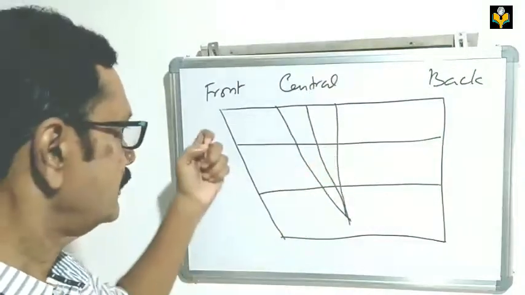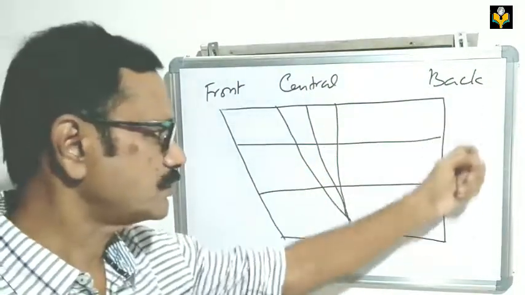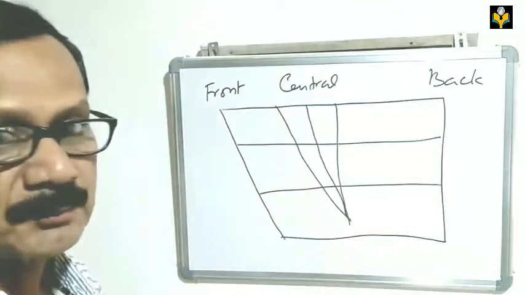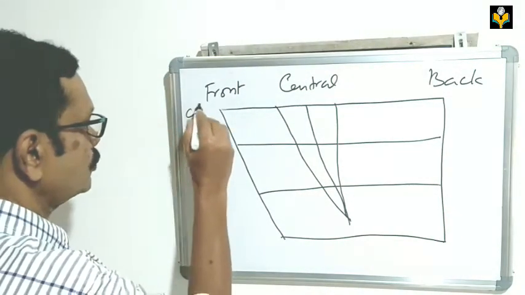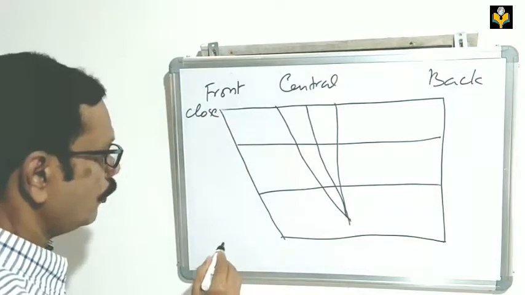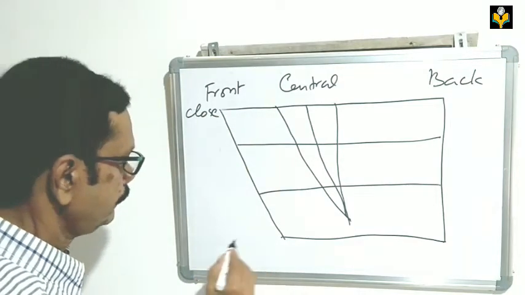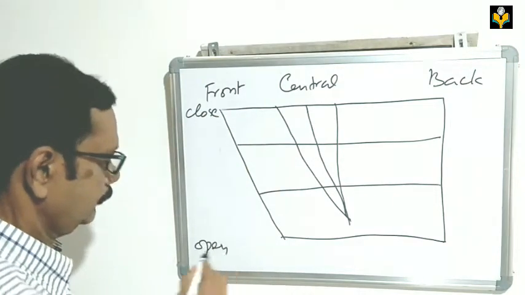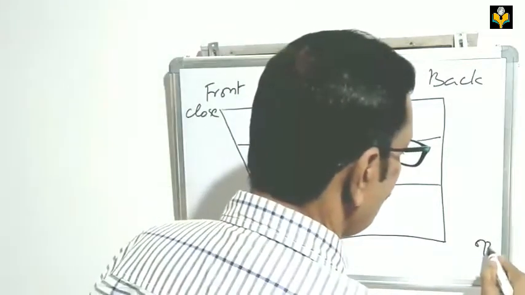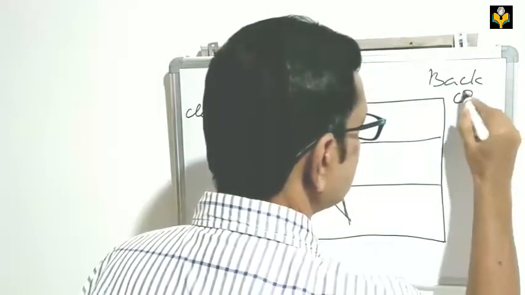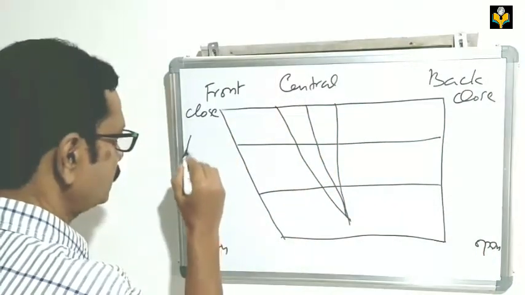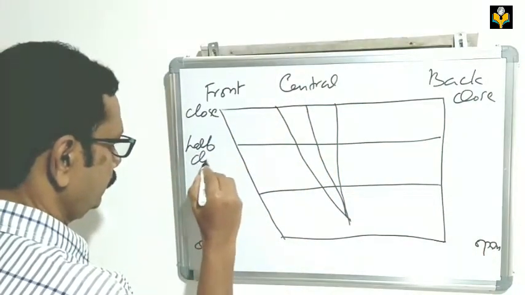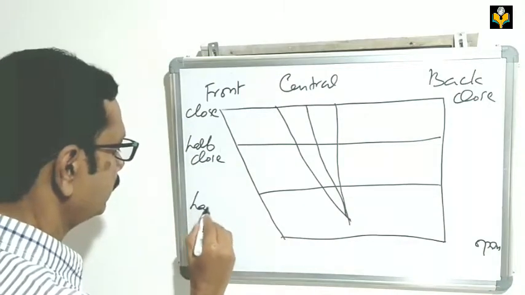This side is all front, this side is all back, this is central. Then it is close, it is open. Here, open, close. So this is half close. This is half open.